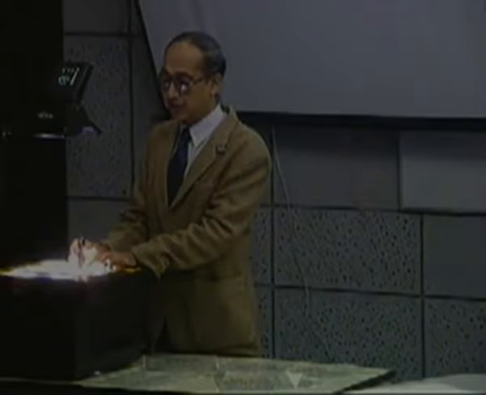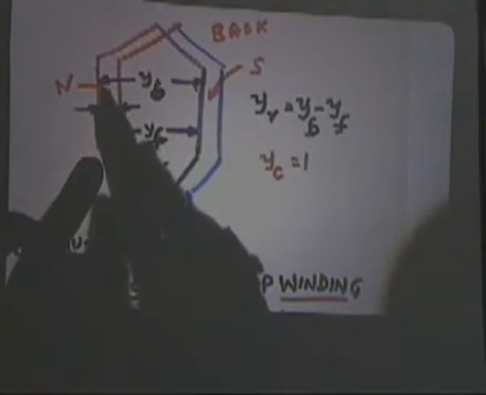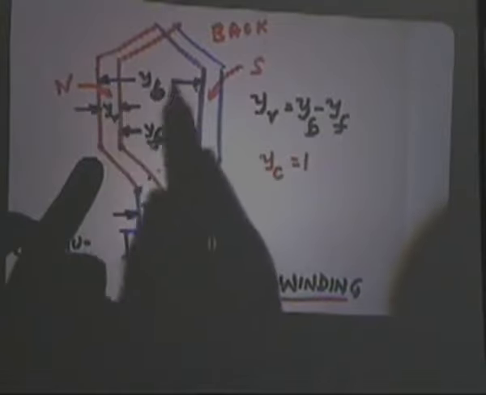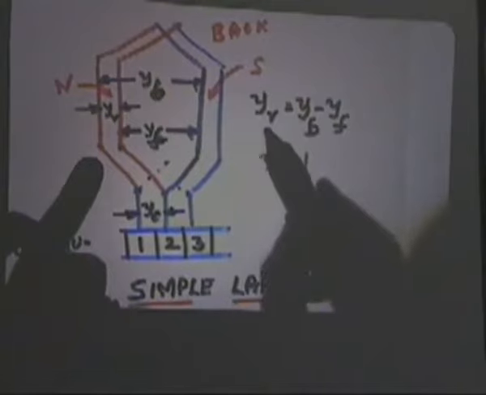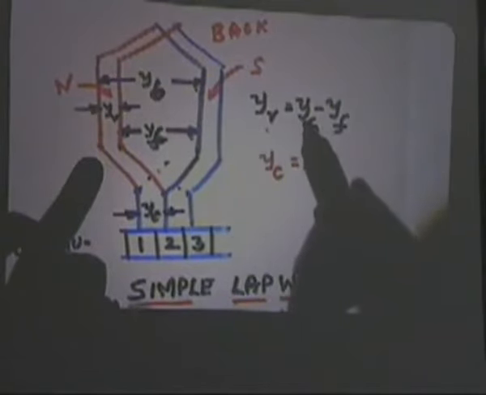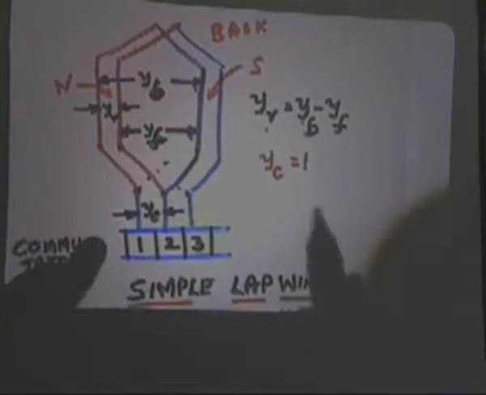In this case it may start with the next slot, so it may be equal to one slot pitch. So we have the front pitch, the back pitch and resultant pitch. In this case resultant pitch will be equal to the back pitch minus front pitch, Yb minus Yf. Yb minus Yf is the resultant pitch.